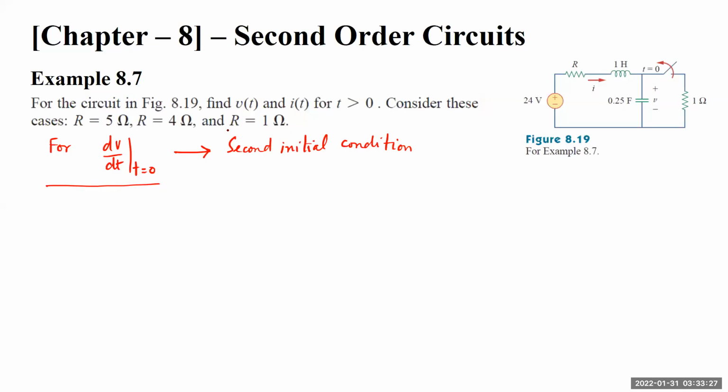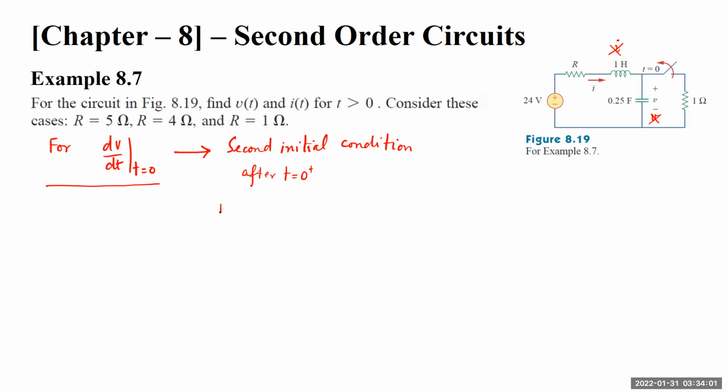For our second initial condition, we have to find the dv by dt part. For this, we have to see what happens just after t equals 0, just after the switching. Just after the switching, we know that the current in the inductor doesn't change instantaneously, and the voltage across the capacitor doesn't change instantaneously.